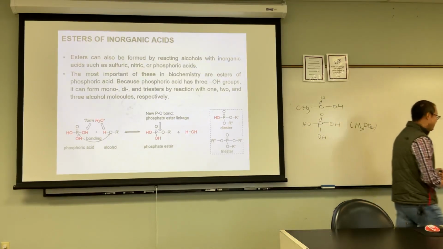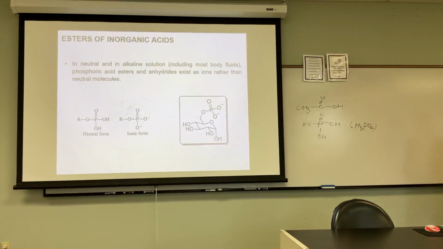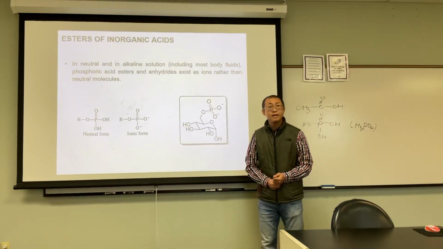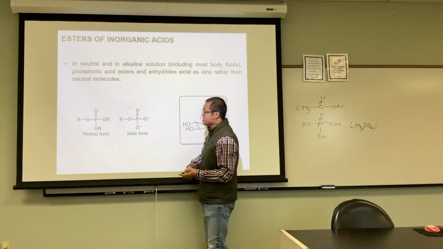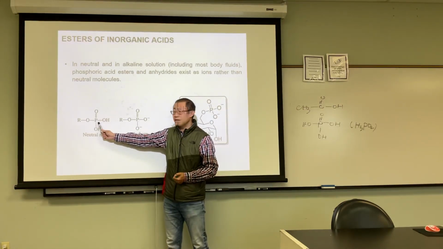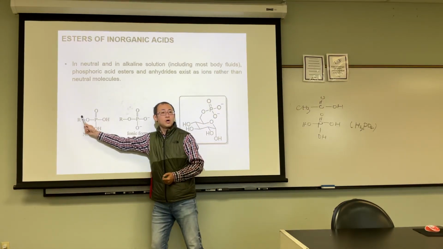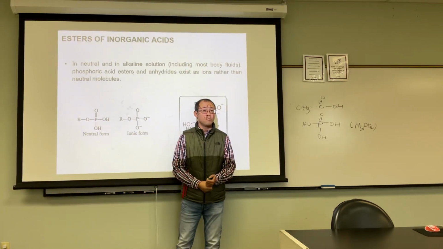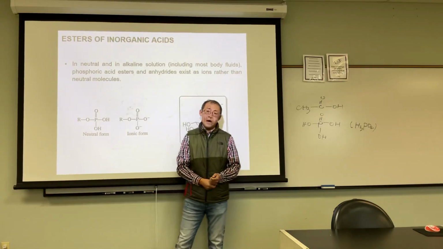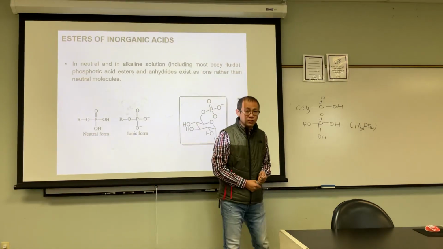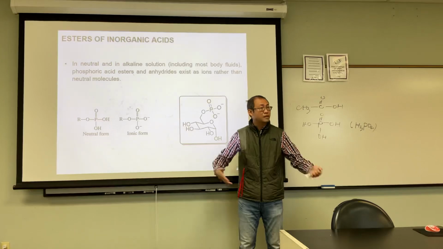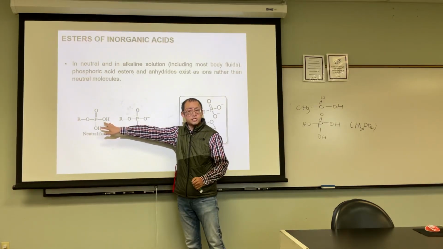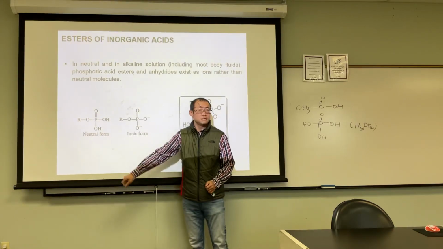Finally, take a look at the example of some phosphate linkage. And by the way, this is a phosphate monoester again, PO what? OR, see that? And the other 2 are OH, that's what we call monoester. Mono means what? Only one ester bond. Under physiological condition, in our blood system, for example, those 2 OHs are ionized.